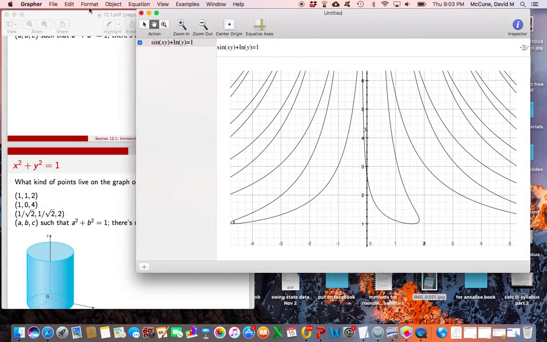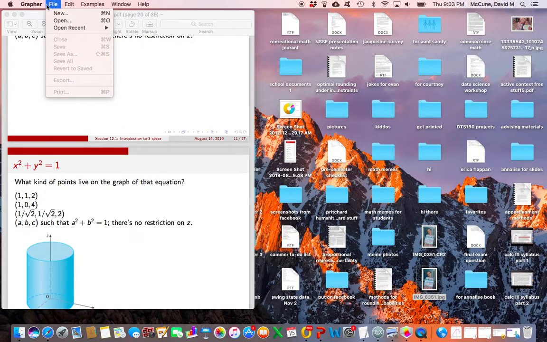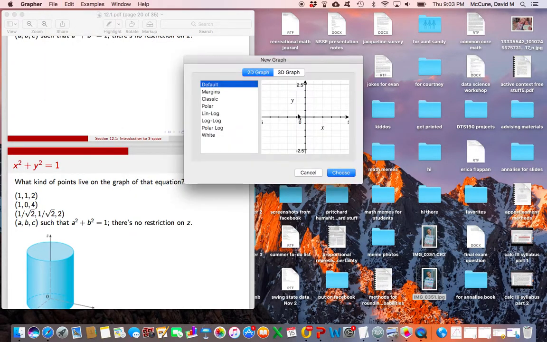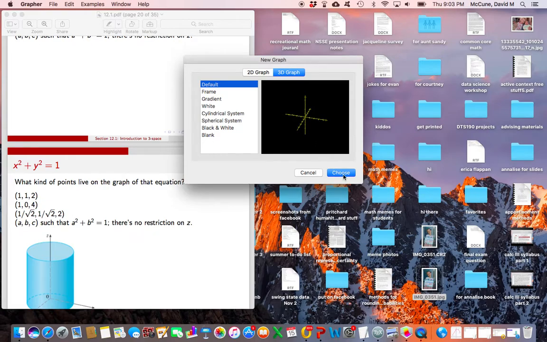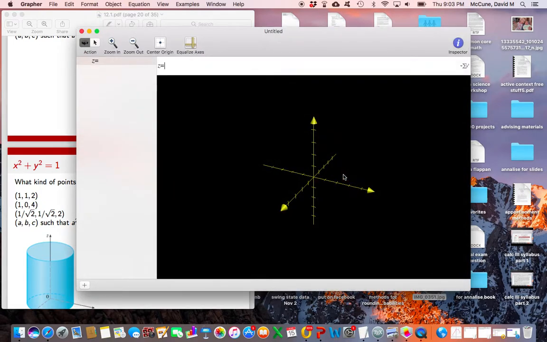So again, just to emphasize here that graphing in 3D is similar to graphing in 2D, let me just open a new... I'm going to do a 3D graph on my graphing app on my machine. This is a Mac-specific application here. The GeoGebra thing can't handle wackiness sometimes. So let me just do like, I don't know, same kind of thing I did before. Sine of x, y, plus maybe like log of xz, equals 1.